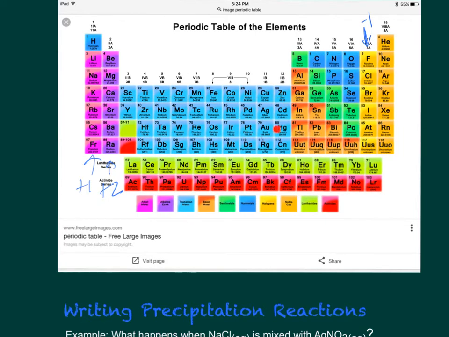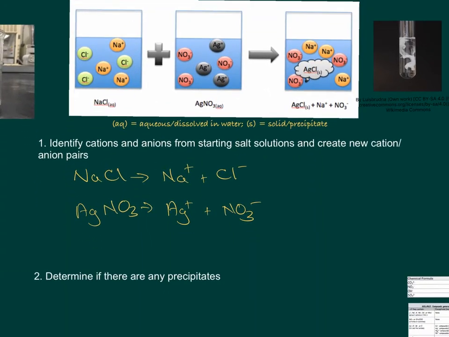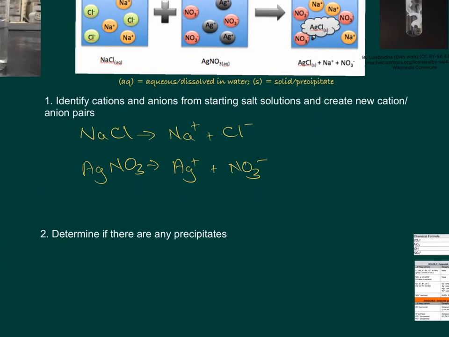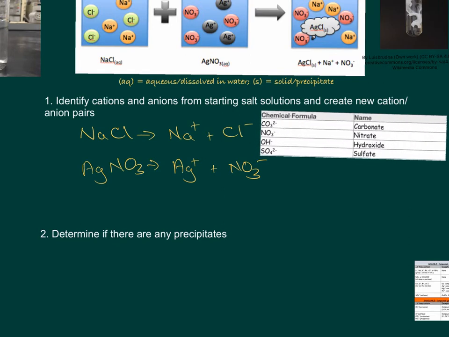Silver, which is also a metal, will also form a cation, but we don't necessarily know the charge of the cation from the periodic table. So in this case, we have to remember what our polyatomic ion charges are. So let's make this a little bit bigger.